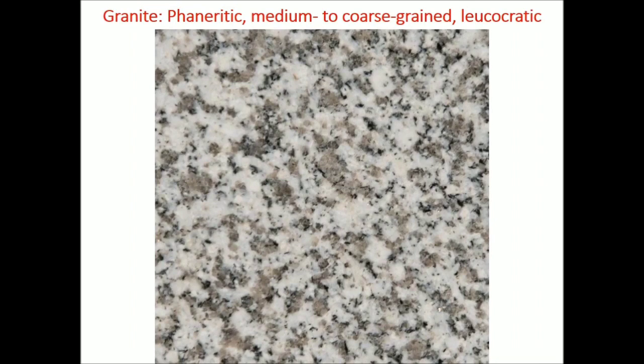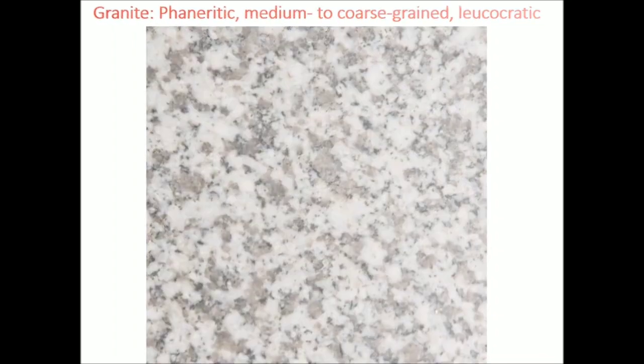Now photographs and examples. Granite can be classified as phaneritic, medium to coarse grain, as you can see from the grain size, and it is leucocratic because it is made majorly of felsic minerals.